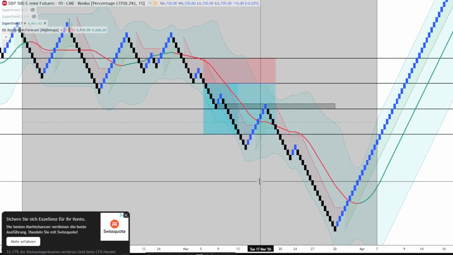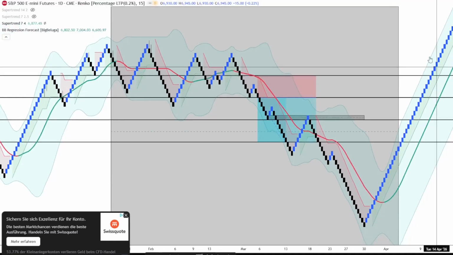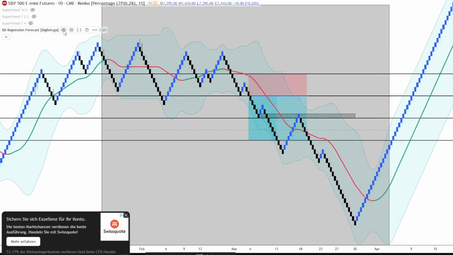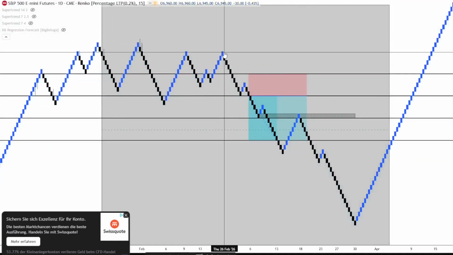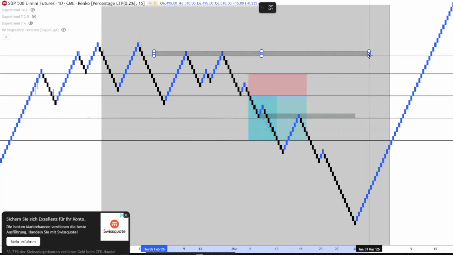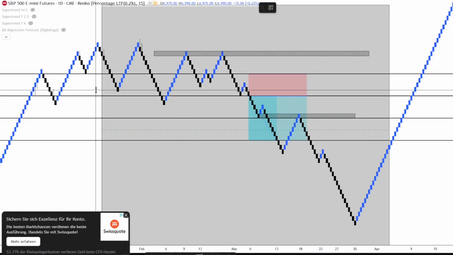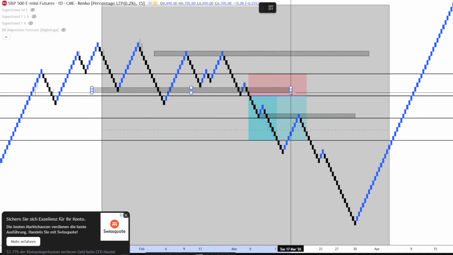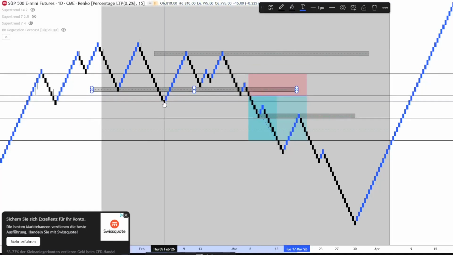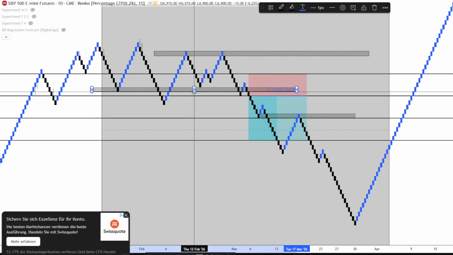Why Renko is also good for trading is because it spots the movement of the market really well, and you can also spot support and resistance really easily. Here is support, and you can use this as resistance. As you can see, price moves up and back, here, here, here, and then it breaks.